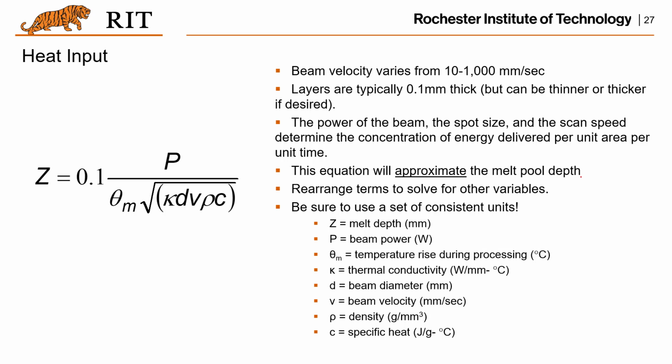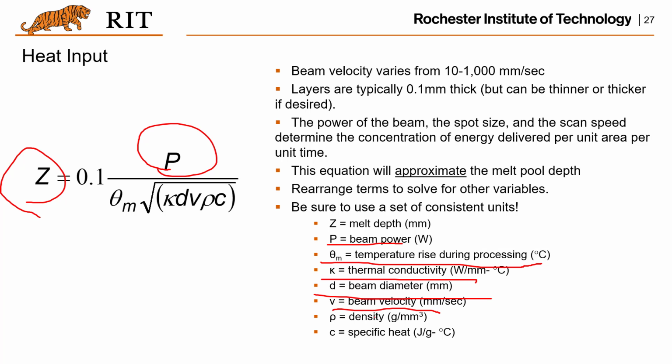So here gives you an equation for the depth of the melting pool. We use Z to represent this melting depth. What you need to know is the beam power, the temperature rise during the process, and also the thermal conductivity, beam diameter, beam velocity, density of the material, and the specific heat.